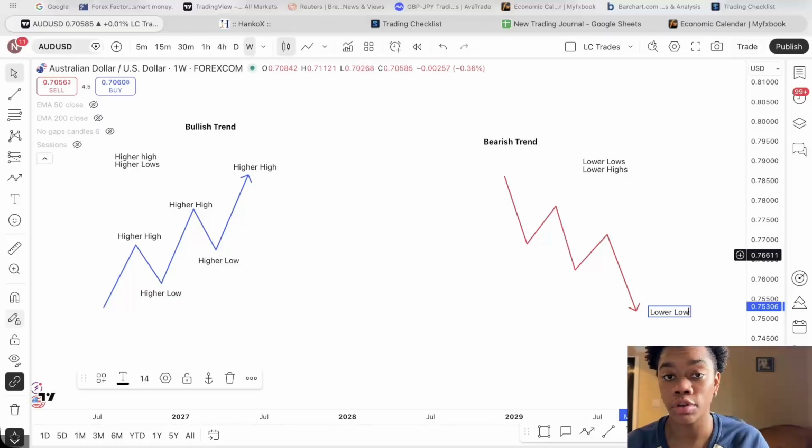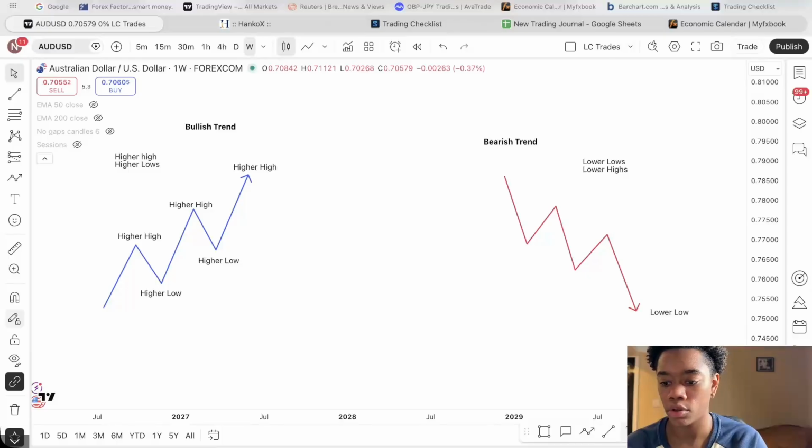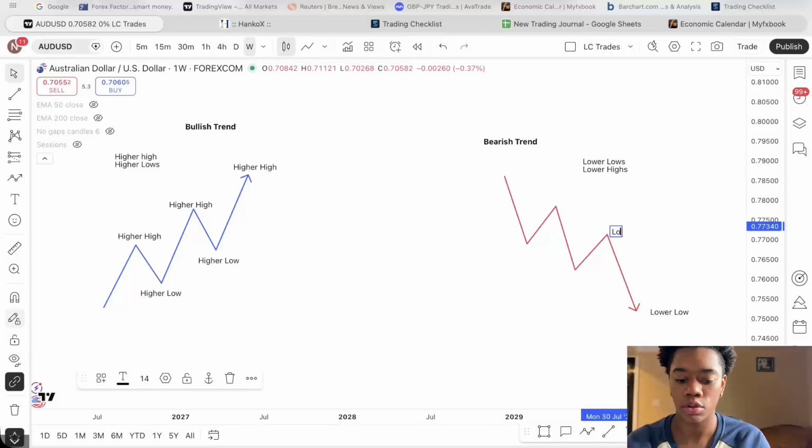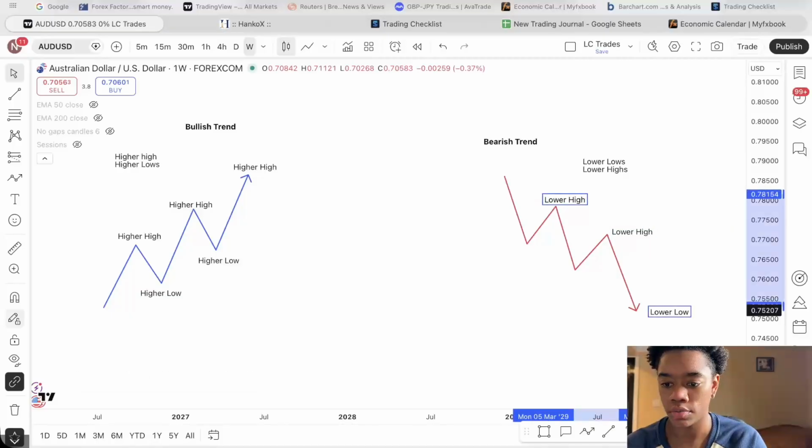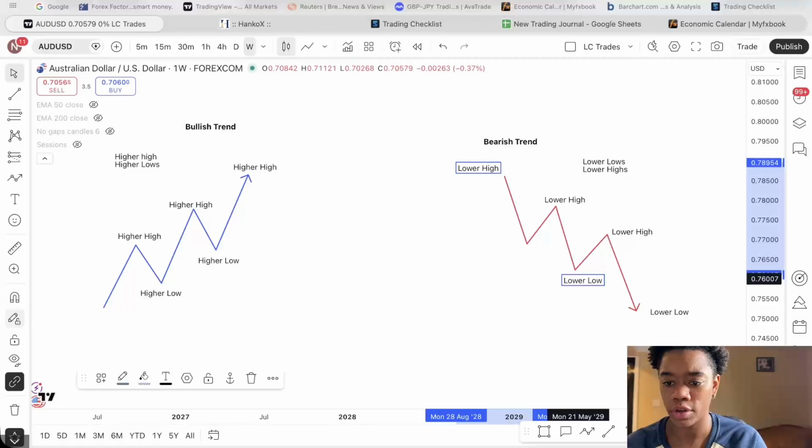And remember, lower lows and lower highs, I should only be talking about a bearish trend. I should only be talking about sells. Lower low, lower high.